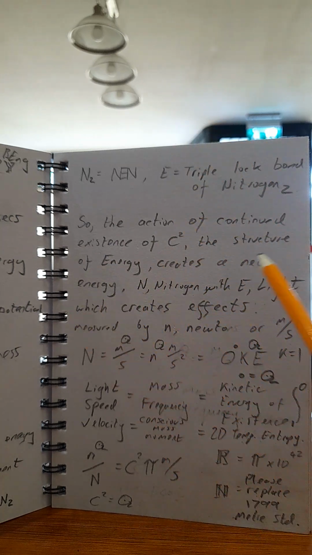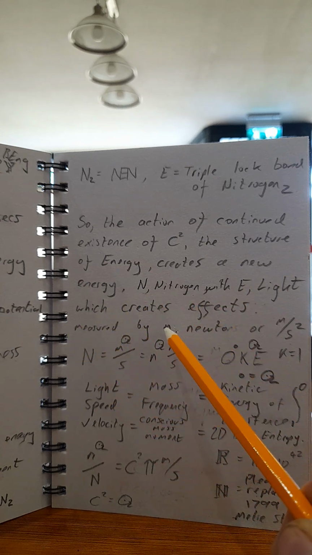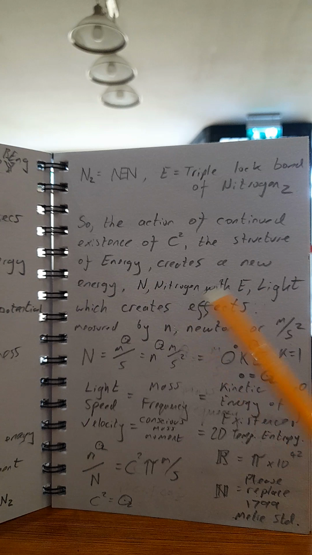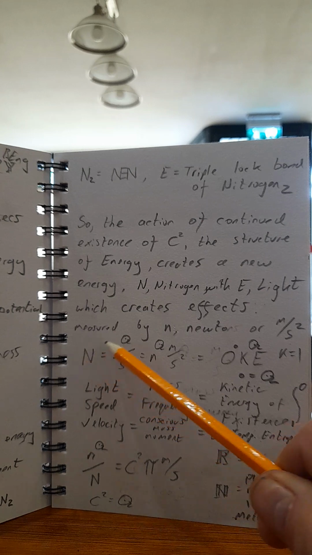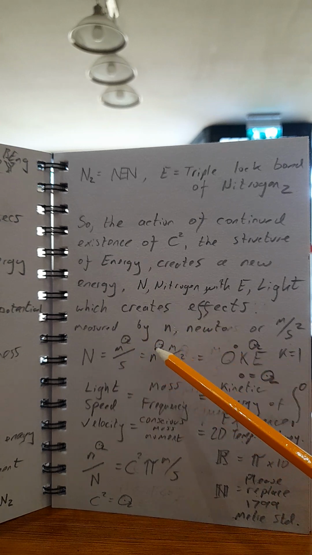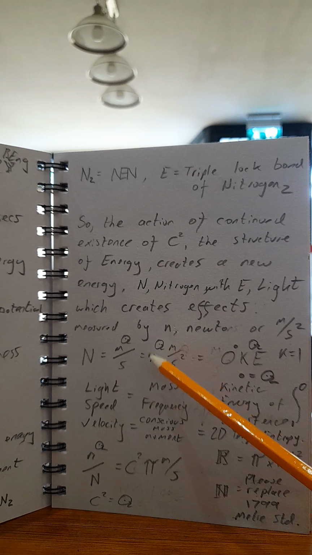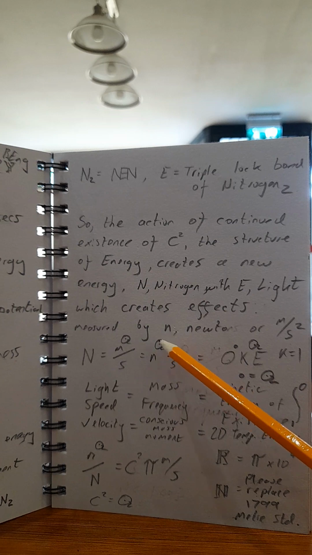So then we come to it creates effects measured by N, little newtons, the unit of meters per second squared, the unit of the force. And so the nitrogen power is meters per second squared, but that's the quantum squared to make the square. And the little n is the quantum lives on it, meters per second squared, that's gravity, and it's variable by the power of the quantum.